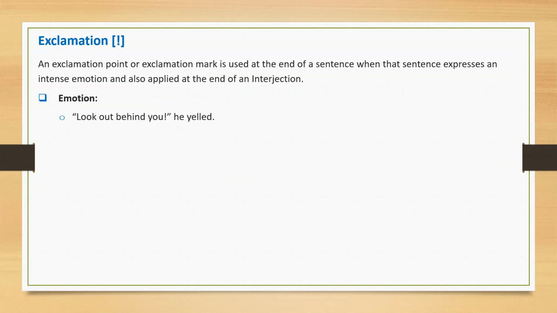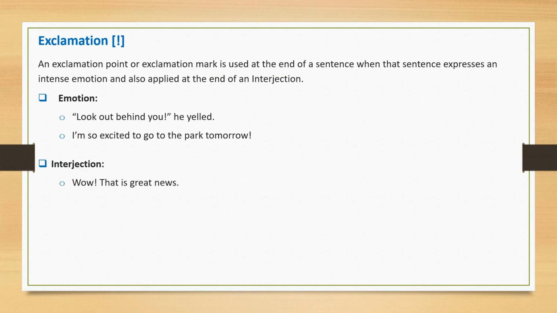In this sentence, intense emotion is expressed. I'm so excited to go to the park tomorrow! Let's consider some sentences with interjection. Wow, that is great news! Oh, I'm so sorry!